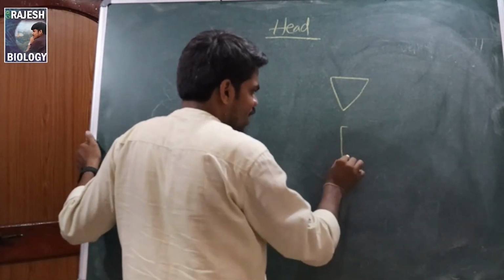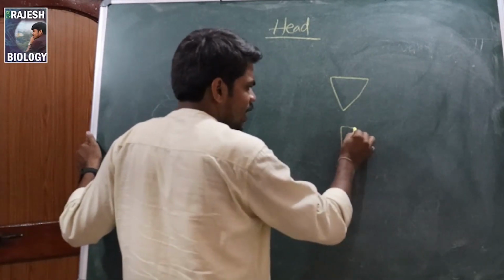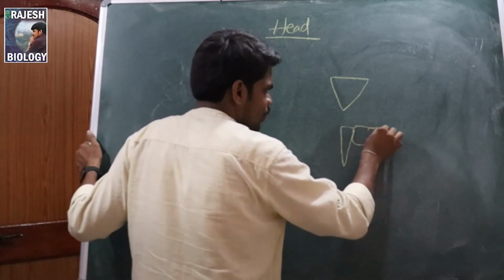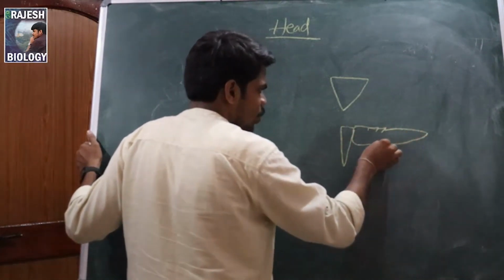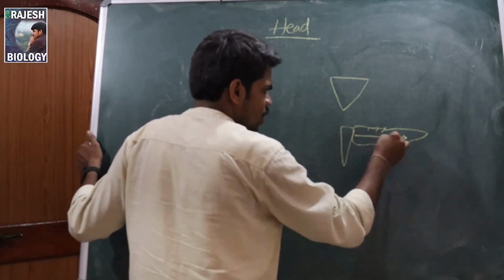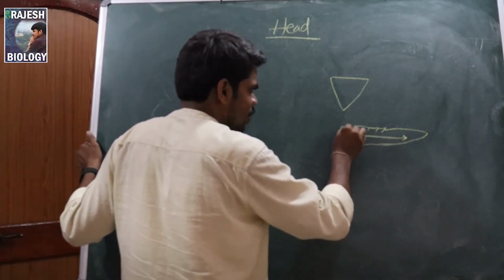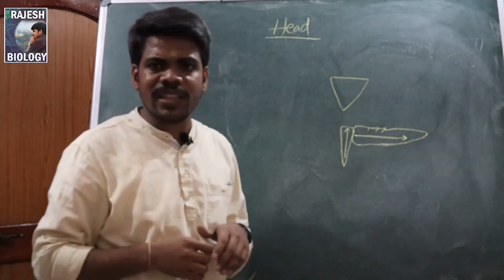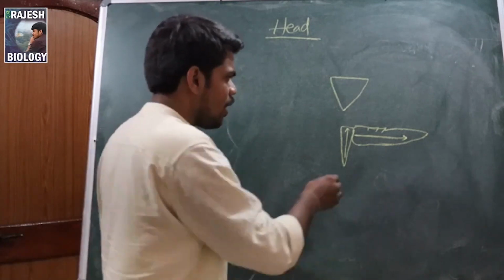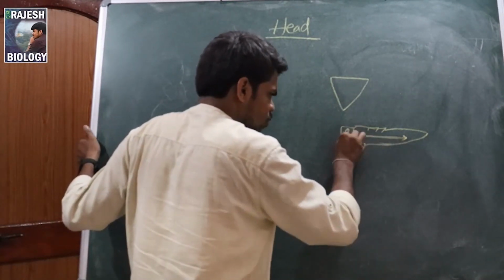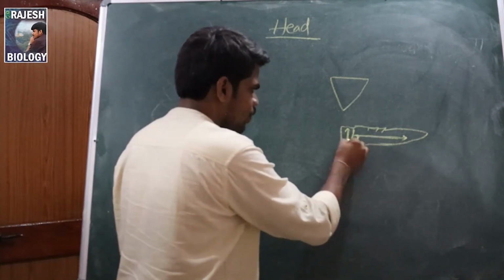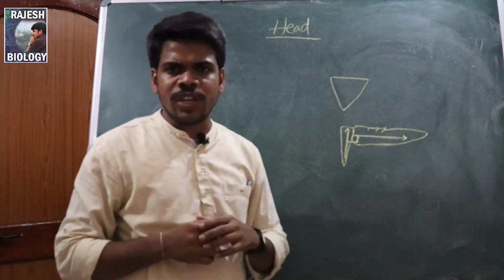For example, if this is the head, and the body is like this, thorax and abdomen, so the body is in this manner and the head is in a vertical manner. The body is along the x-axis and the head is along the y-axis, so it is completely at right angles to the body.